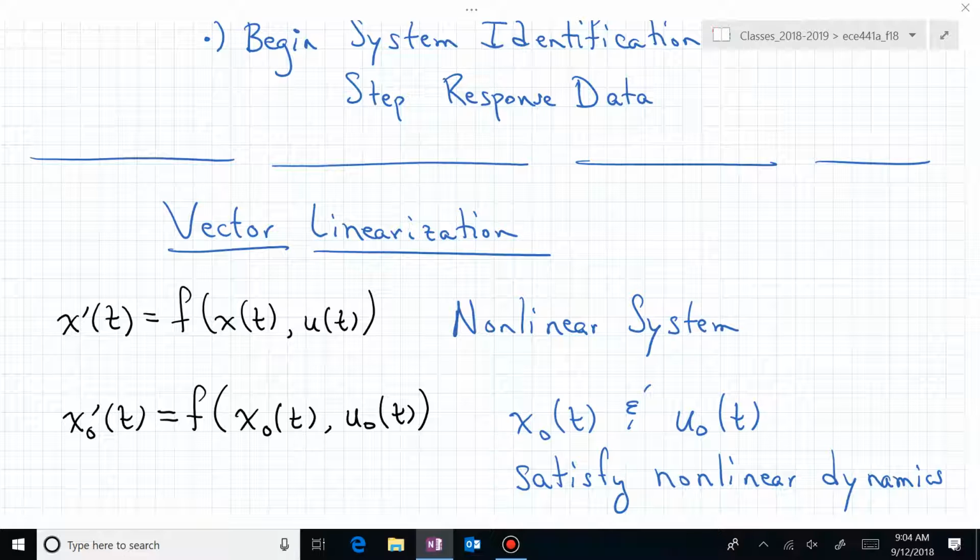And we're saying that that operating condition, this orbit around the planet, means that it's satisfying that nonlinear differential equation, the x naught u naught. Or that's the equilibrium point about which we are linearizing.